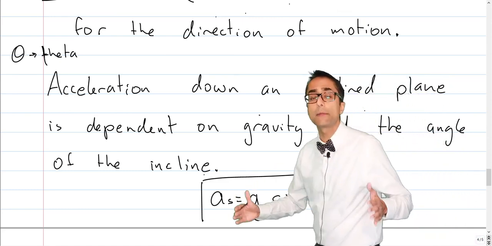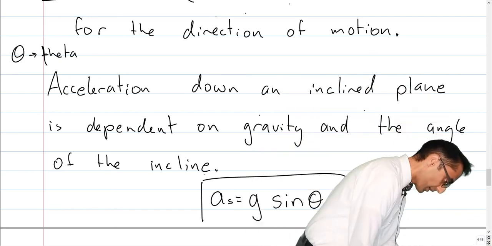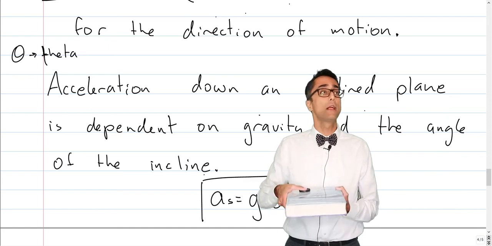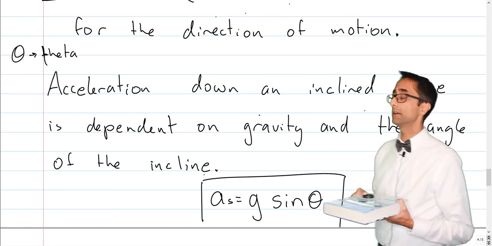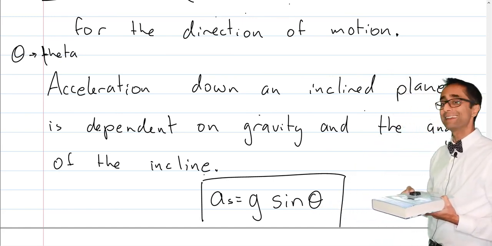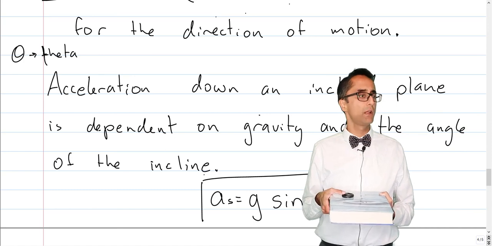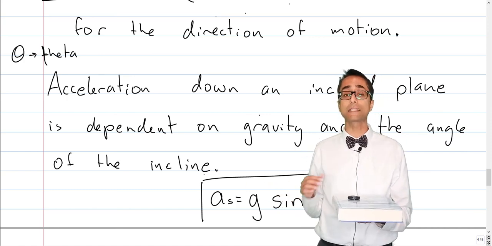Now let's appreciate what that actually means for various angles. Remember that we're measuring our ramp from the horizontal. And so at the horizontal, this component here, theta, is going to be 0. So g sine of 0, where the sine of 0 gives me 0, gives us a total acceleration of 0.